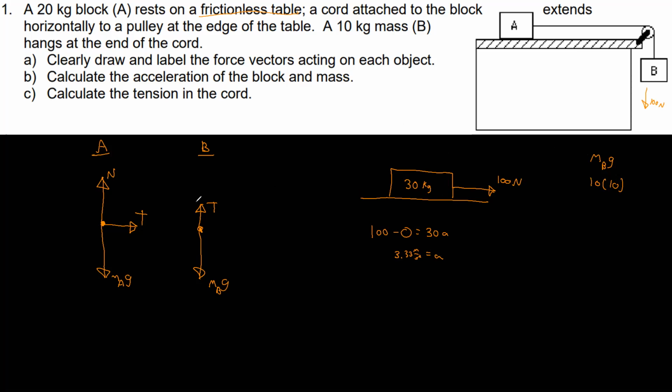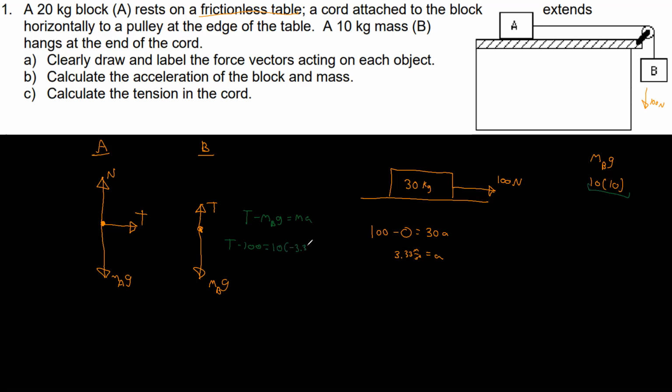Now to find the tension, pick either block. It doesn't matter which. In fact, I'm going to do it with both just to show you that it should not matter. So if we do block B, just write out your equation. Up minus down equals MA. So the tension minus 100 newtons of gravity, because again, 10 times 10, equals the mass of block B times its acceleration.